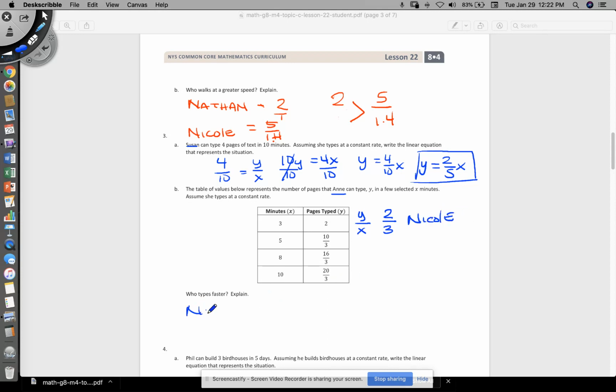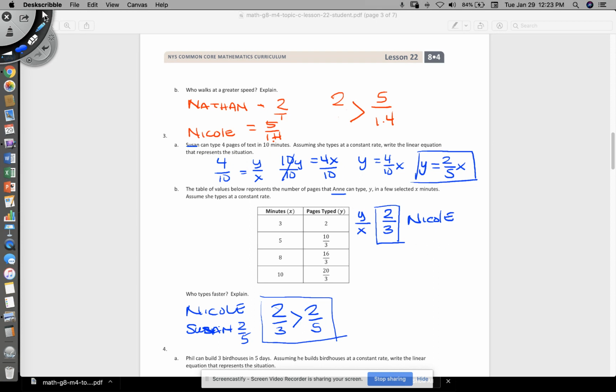We have Anne at a 2 to 3, and then we have Susan at a 2 to 5. So we're going to compare these. Which is larger, 2/3 or 2/5? 2/3. And that's your answer there.